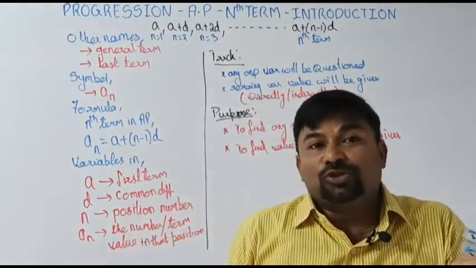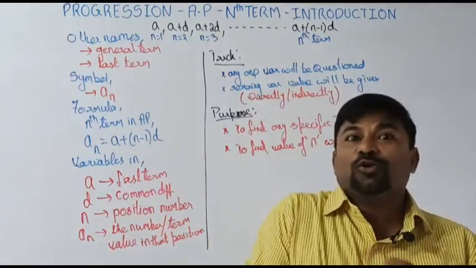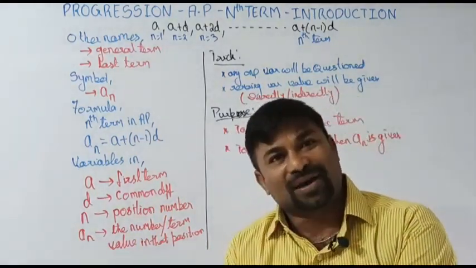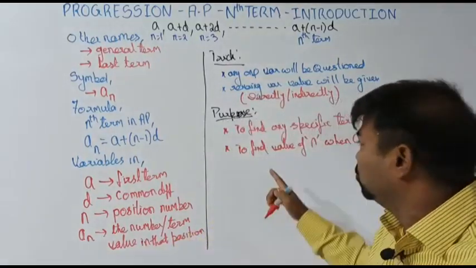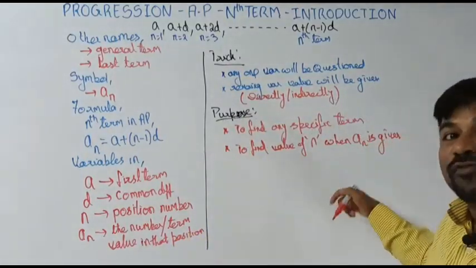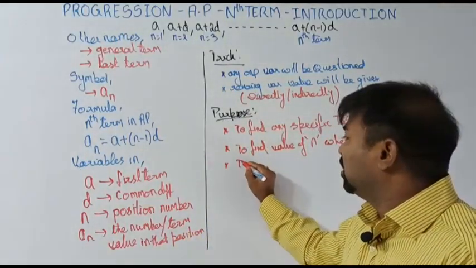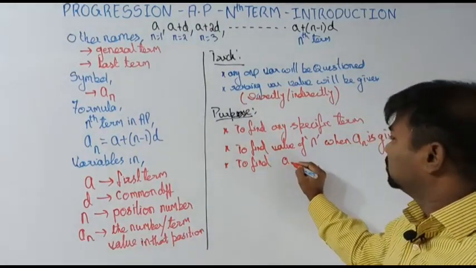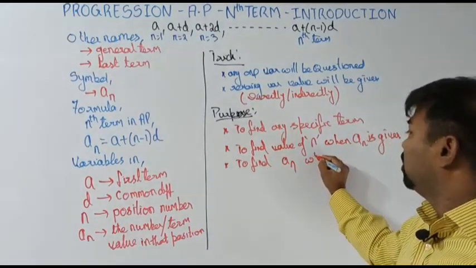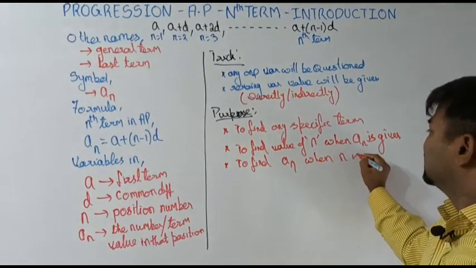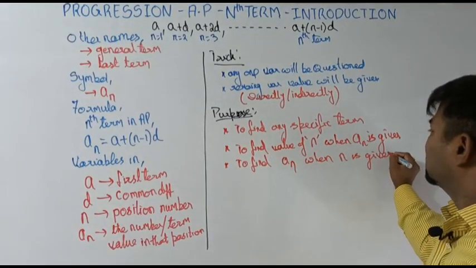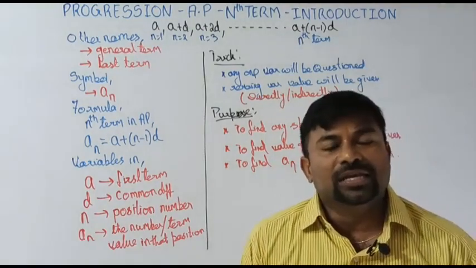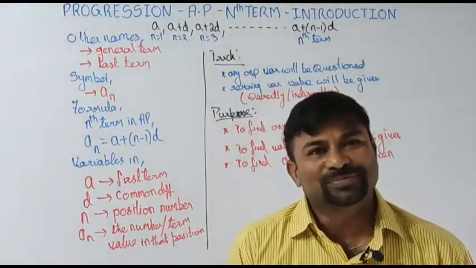If who is sitting in that roll number is given, we should know what his roll number is. That's the play we do: to find the value of n when an is given, and in the same way, to find an when n is given. This is generally the logical way of approaching.